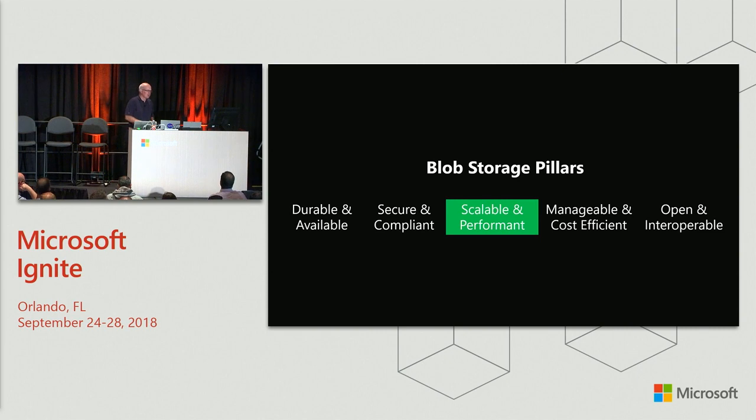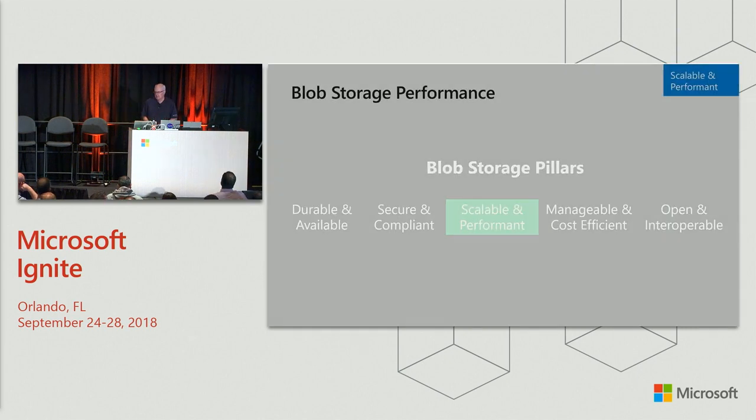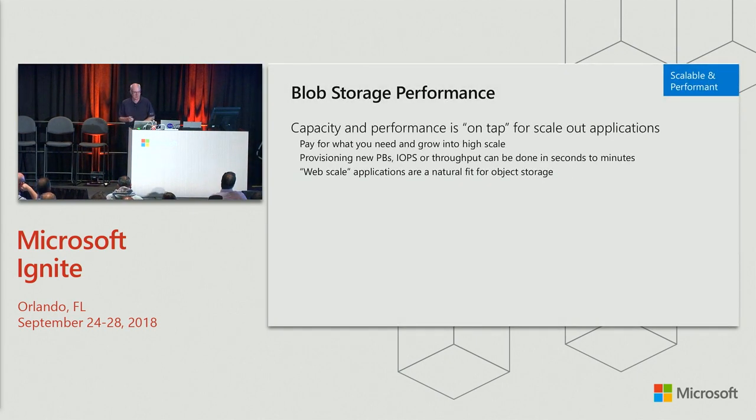Let's talk about blob performance. So we have our cloud storage today, as we just talked about, right? Cloud storage, massively scalable. You can get just-in-time provisioning of capacity, performance, etc. And it's a natural fit for the web scale applications that it is being used for today.